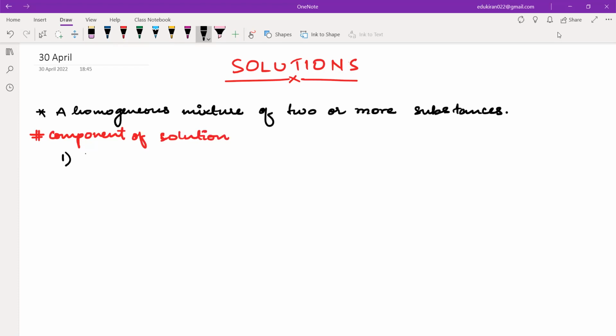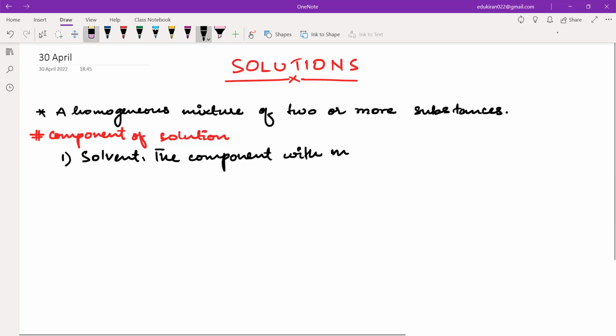One is the solvent. What is the solvent in a solution? The component in larger amount.